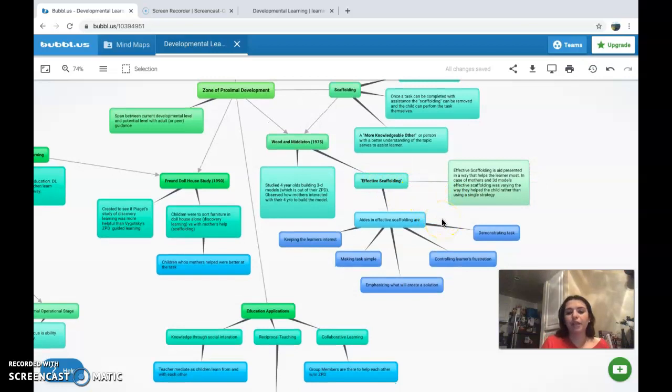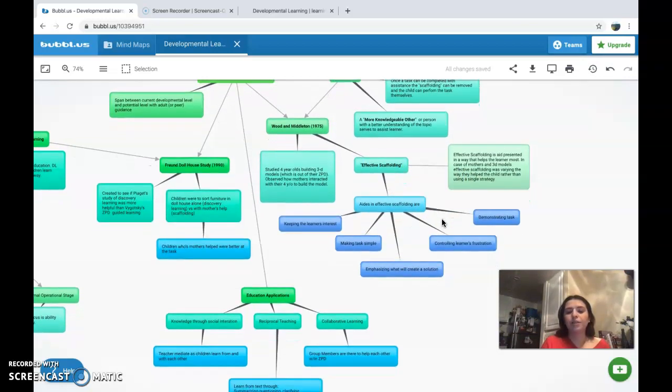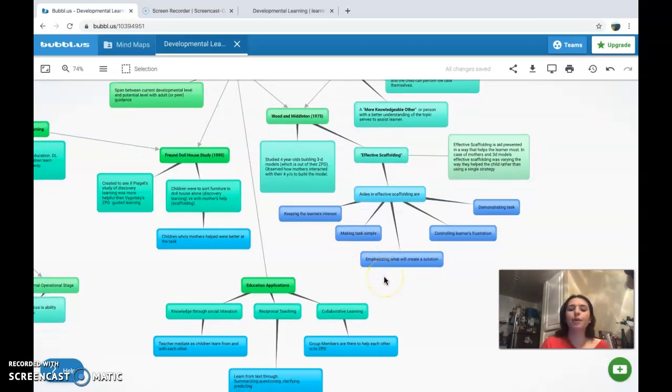Effective scaffolding occurs by keeping the learner's interest or keeping them engaged in the topic at hand, making the task simple, emphasizing what will create a solution, controlling the learner's frustration, and demonstrating the task. So in education, you might think, I want to keep my student engaged.